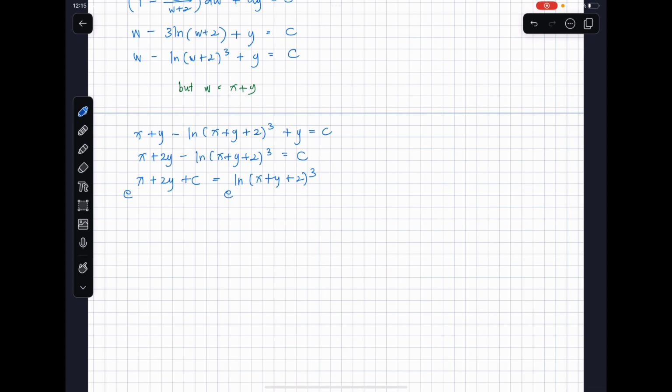Then we exponentiate both sides. So this would become c e raised to x plus 2y is equal to x plus y plus 2 raised to 3.